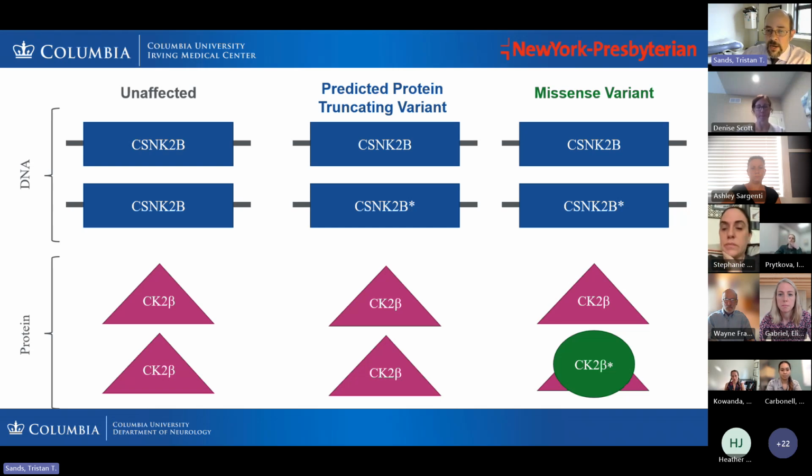The other type of variant is called a missense variant. Again, the change to the gene is only in one copy. That's what the asterisks indicate in the DNA section of the diagram. Instead of affecting the expression so that one copy isn't made, what happens is something different is made, a different version of CK2 beta.